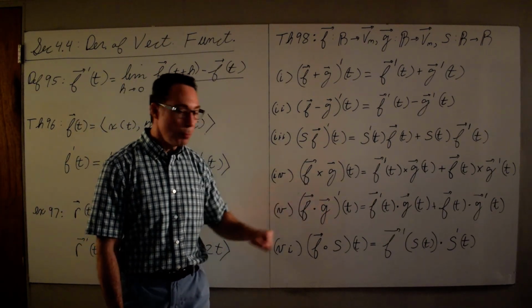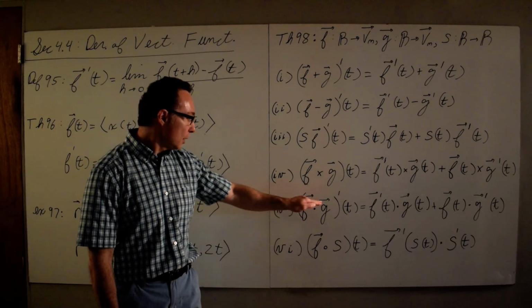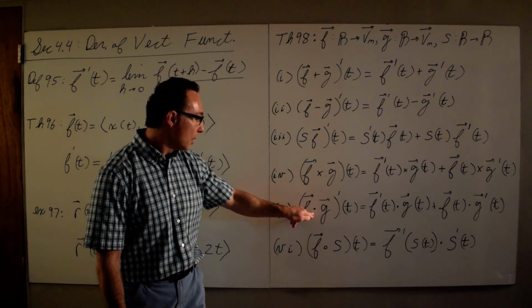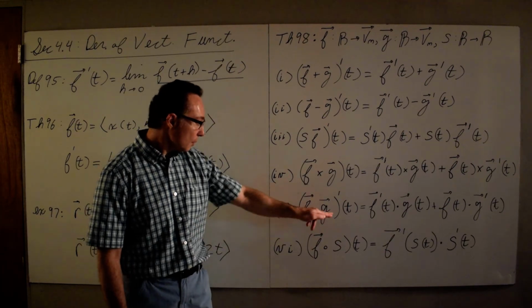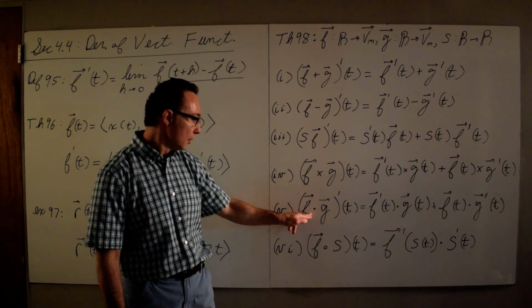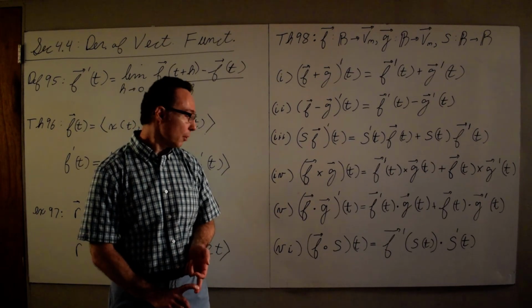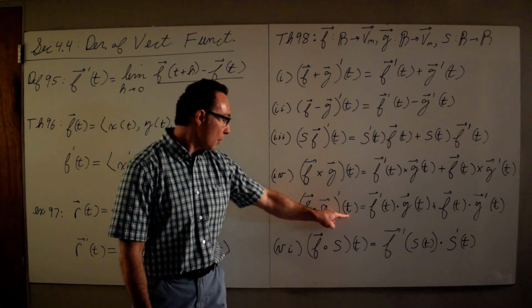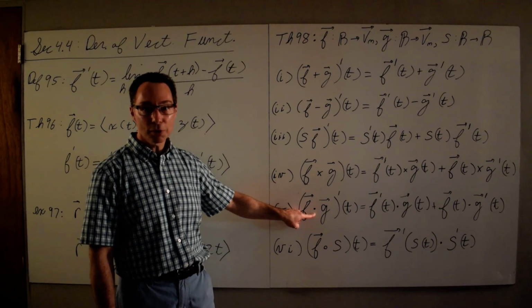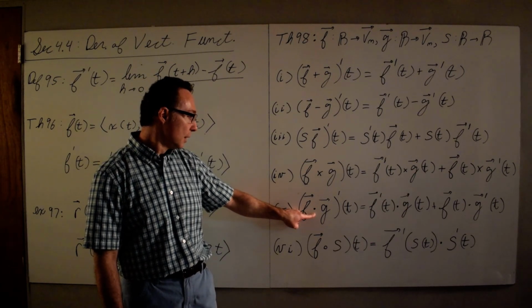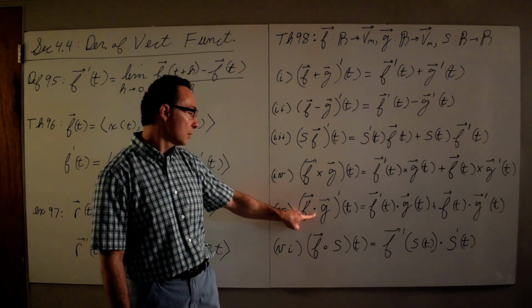For part 5, by times, we mean the dot product. To take the derivative of the dot product of f and g, we have f of t, which is a vector, dot g of t, which is a vector. Remember, a dot product is a number. So strangely, this function that we're defining in terms of vectors is actually a real-valued function, because a dot product of two vectors is a number.